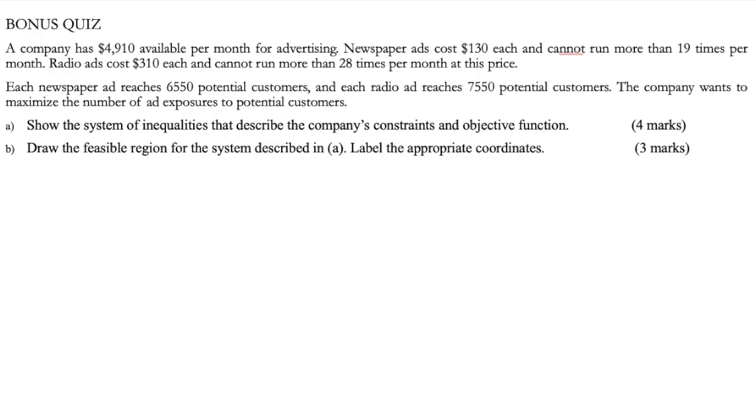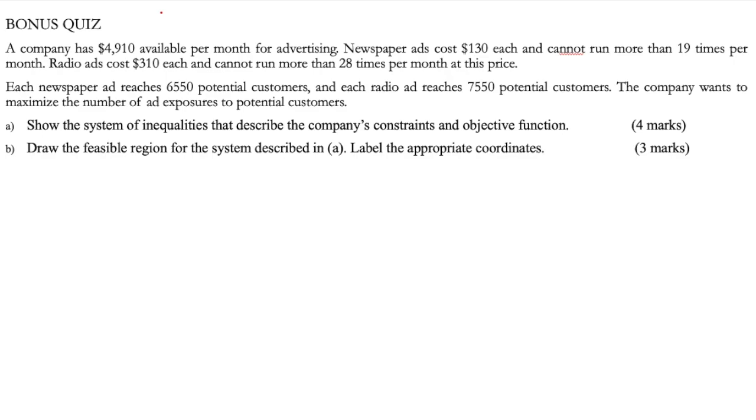So if you see bonus quiz, a company has $4,910 available per month for advertising. Newspaper ads cost $130 each and cannot run more than 19 times per month.